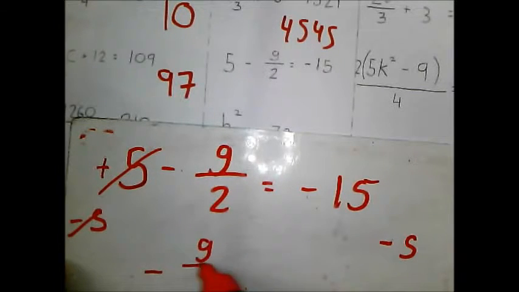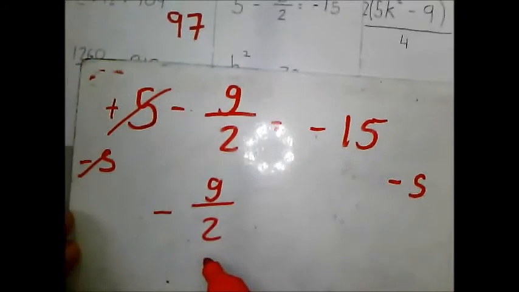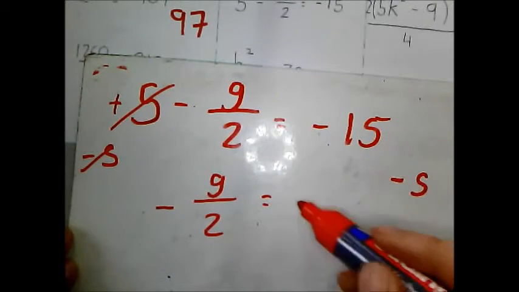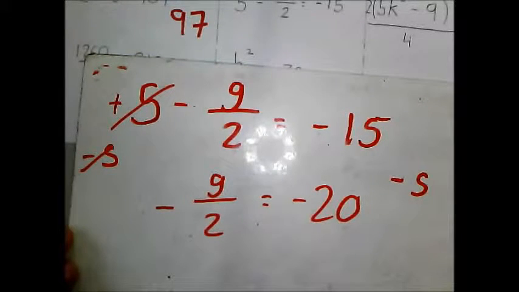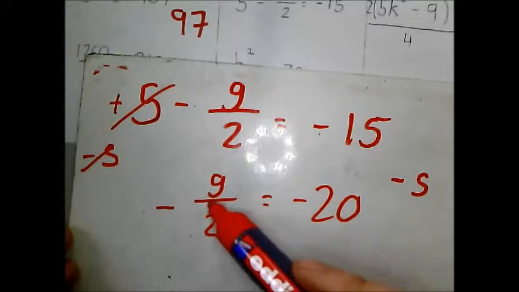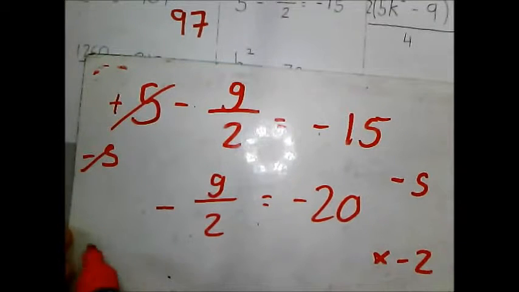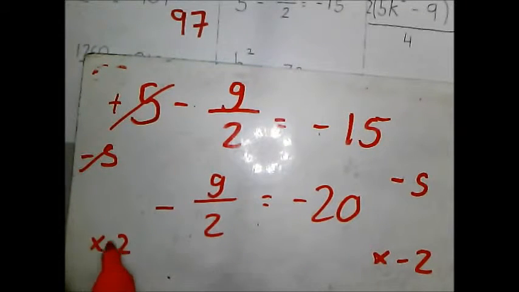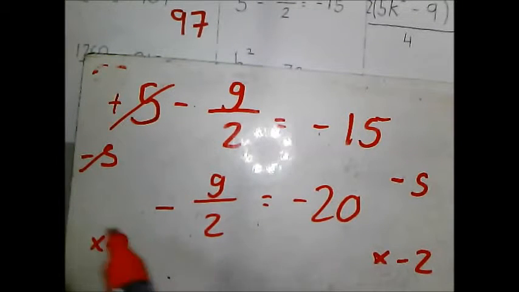That cancels with this, so you end up with negative g over 2. That negative sign doesn't suddenly disappear, it comes down with the rest of the question, equals negative 20. Negative 15, take away 5 is negative 20. And now, to get rid of a negative divide by 2, I multiply by negative 2. Again, this step here might also be a little bit confusing.